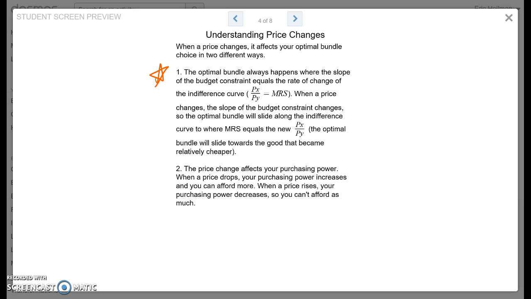When we were looking at how to find optimal bundles algebraically, we saw that at the point of tangency, the slope of the budget line and the slope of the indifference curve have to be equal. Do you remember the slope of the budget line is the price of the horizontal good divided by the price of the vertical good, so Px over Py. That has to be equal to the marginal rate of substitution. When one of the prices changes, it changes the slope of the budget constraint, which we just saw in the previous examples.